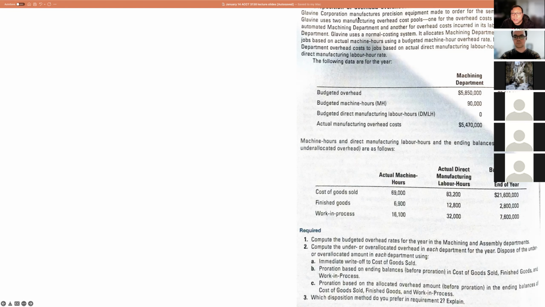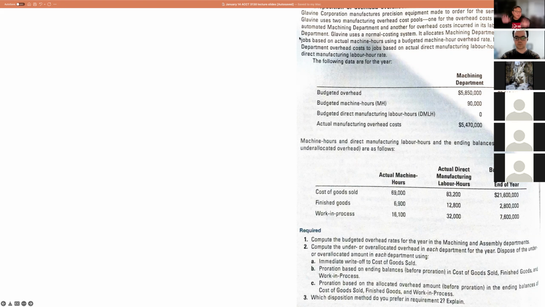So this corporation manufactures precision equipment made to order for the semiconductor industry. The company uses two manufacturing overhead cost pools. One for the overhead cost incurred in its highly automated machining department, and another for overhead costs incurred in its labor-based assembly department.